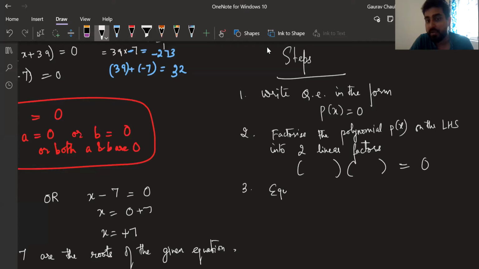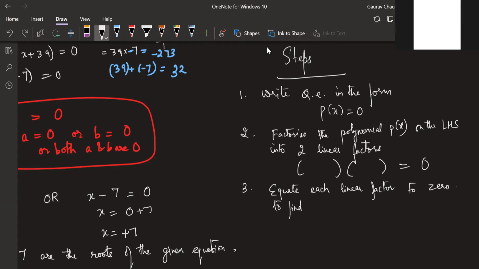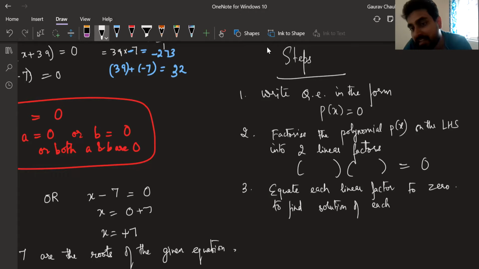Third step is equate each linear factor to 0. That's all. Once you do this, to find the solution of each linear factor individually, right?